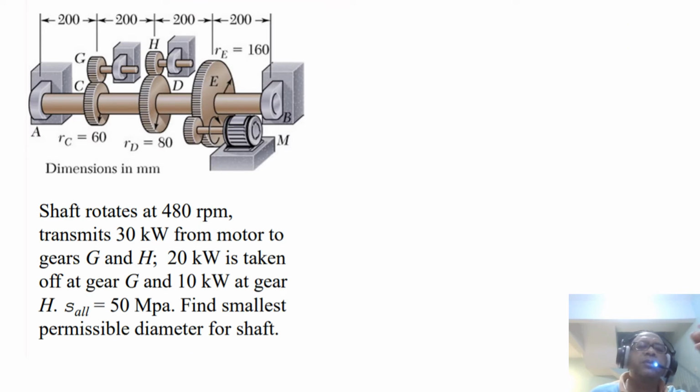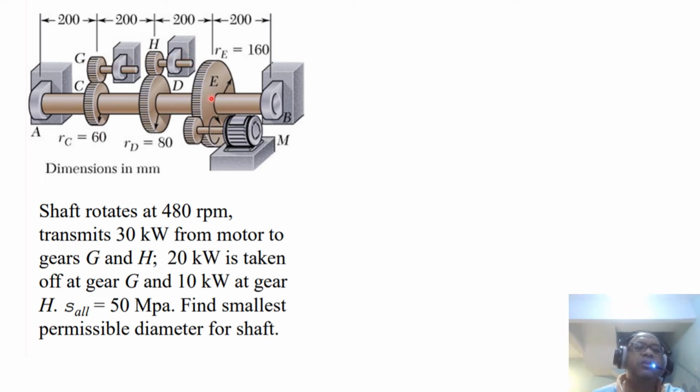Let's move on. So this is an example of a typical system where you've got a motor which is driving a big shaft here, a big gear here, and the radius of E is 160, the radius of D is 80, the radius of C is 60, and then these are the takeaway power from other machines.